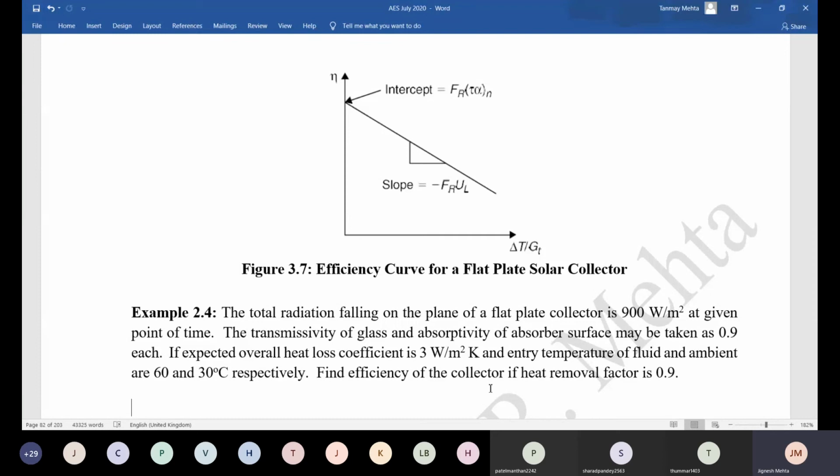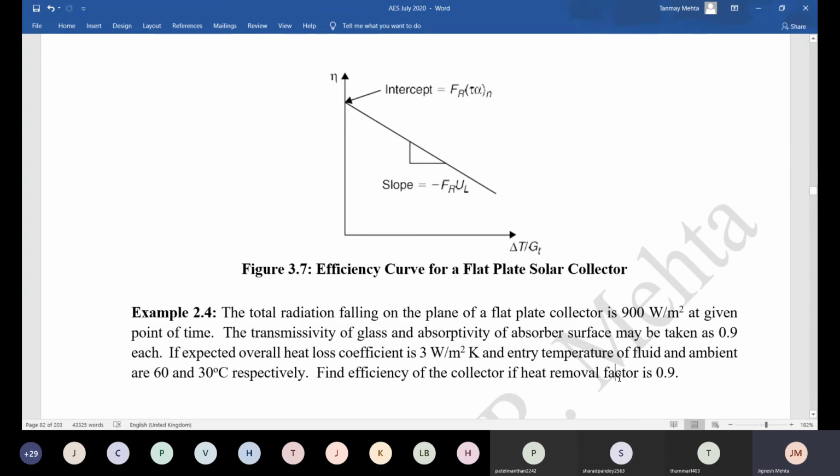The transmissivity of the glass and absorptivity of the absorber surface are 0.9 each. If the expected overall heat loss coefficient is 3 watt per meter square Kelvin, and the entry temperature of the fluid and ambient are 60 and 30, find the efficiency if the heat removal factor is 0.9.